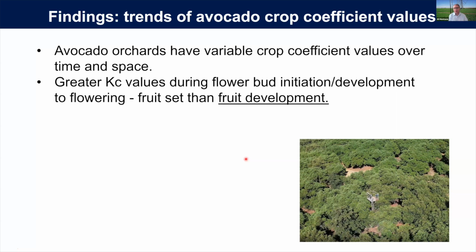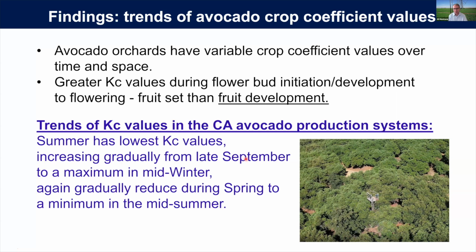To summarize, we see greater crop coefficient values during flower bud initiation, development to flowering to fruit set, then fruit development. And I already talked about the lower value during summer, increasing gradually from late September to a maximum in mid-winter, again gradually reducing during spring to a minimum in mid-season.